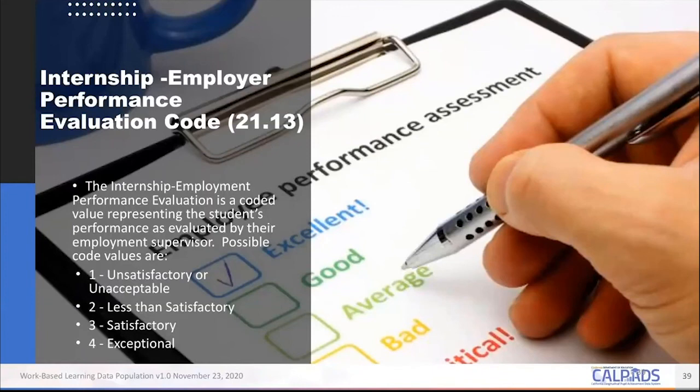The evaluation should include the following 4 categories, right? It's based on foundational skills, applied workplace skills, self-management and personal responsibility, and knowledge of the field and organizational context. The student receives a rating of less than satisfactory in 2 or more of these categories, right? That's when you would populate this field with unsatisfactory or unacceptable.